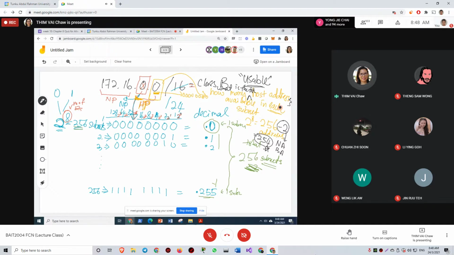So in total you have 256 addresses, but only 254 addresses can be used inside your network.